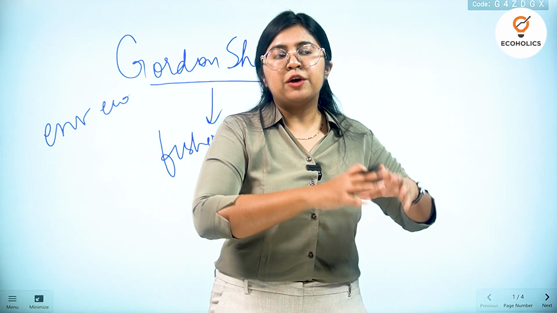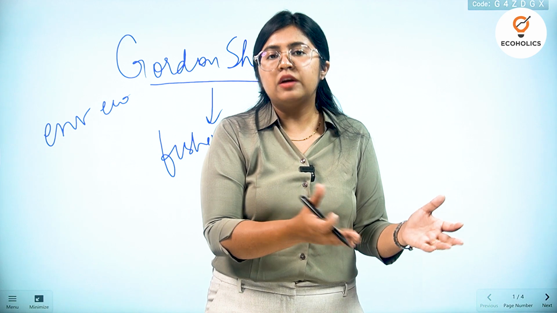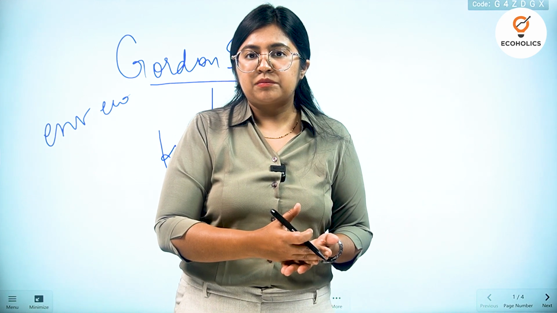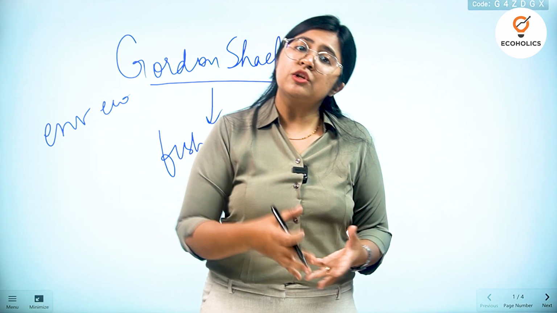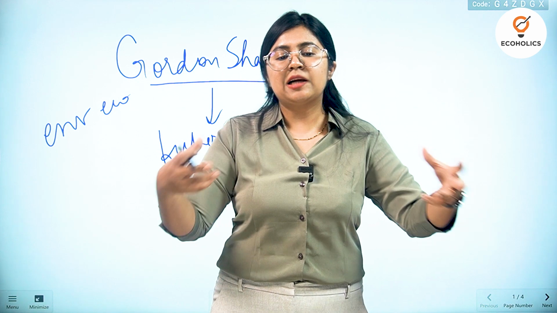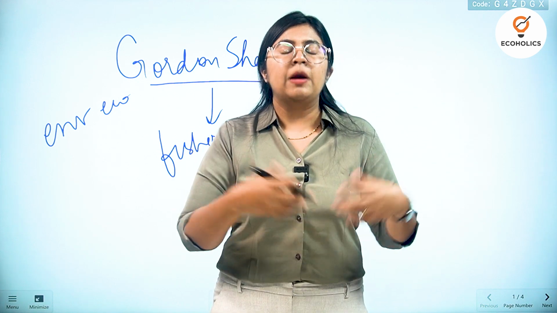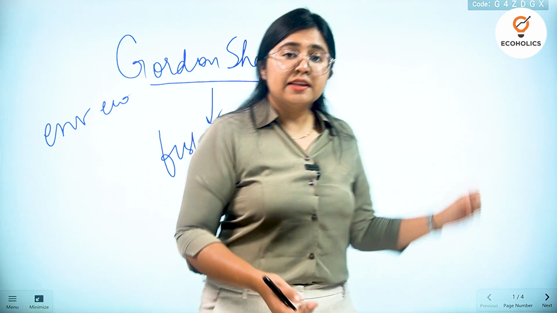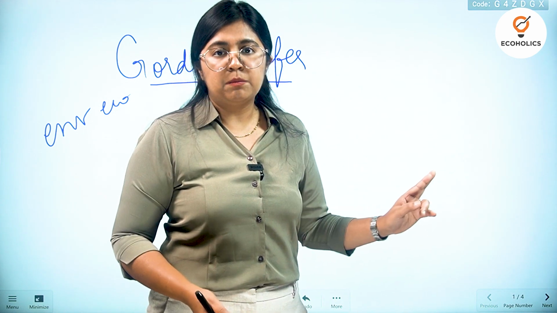Not just biologically do we require fisheries to exist sustainably, but we also want to earn revenue out of it. So it's a complete integration of biological aspects and economic aspects. This is why this model is very important.